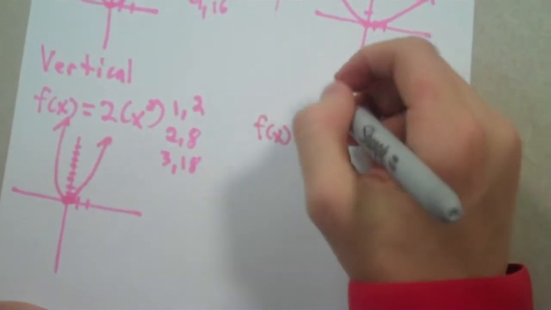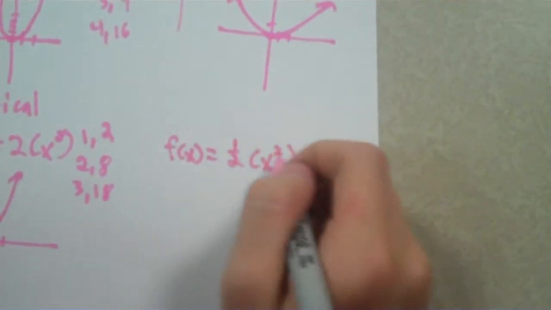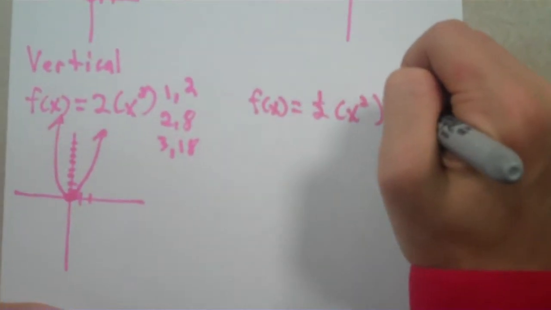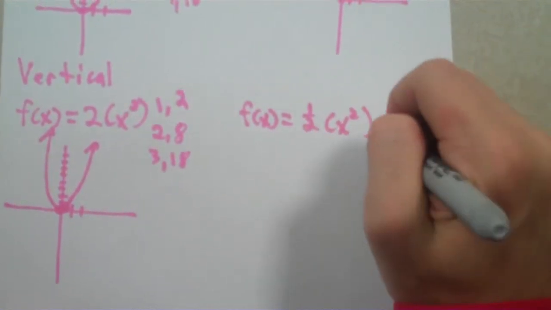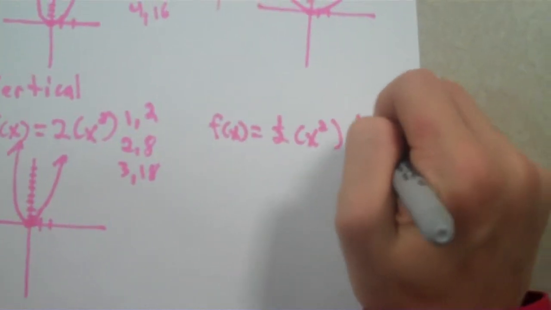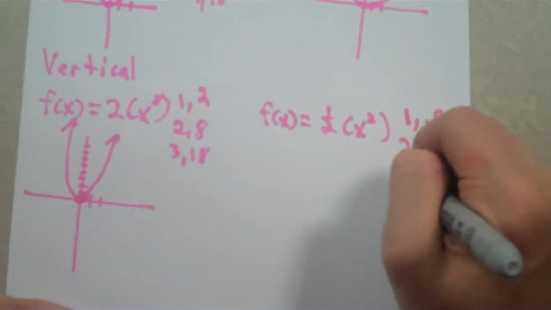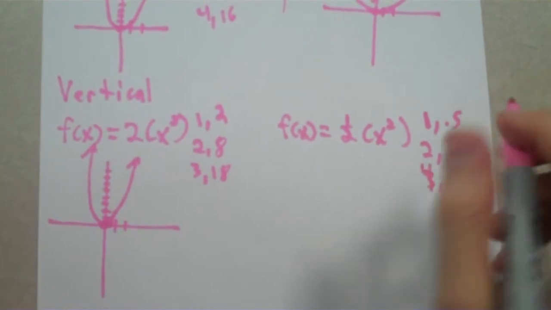So we're going to be shrinking by a factor of 2, which is like dividing the result by 2. And then the new points become (1, 0.5), because 1 times 1/2 is 1/2, (2, 2), because 2 squared is 4 times 1/2, and then (4, 8) for simplicity's sake.